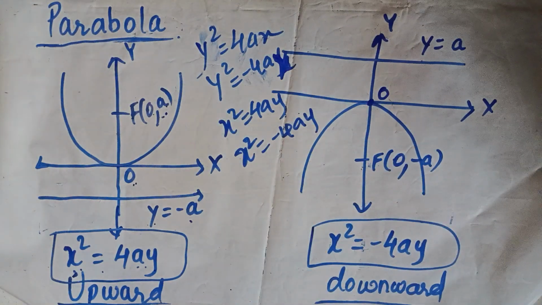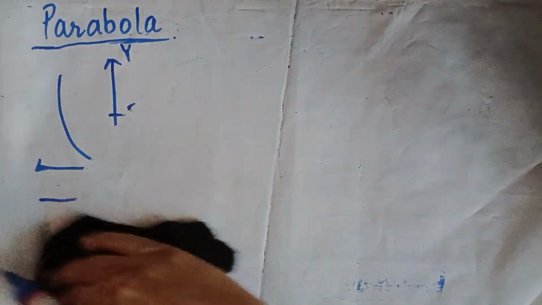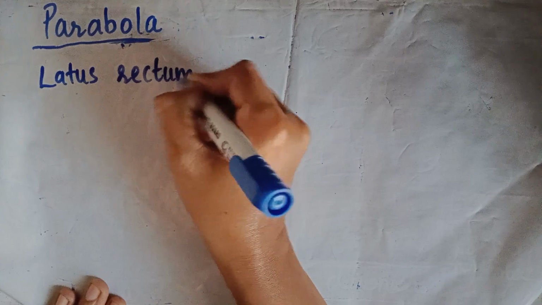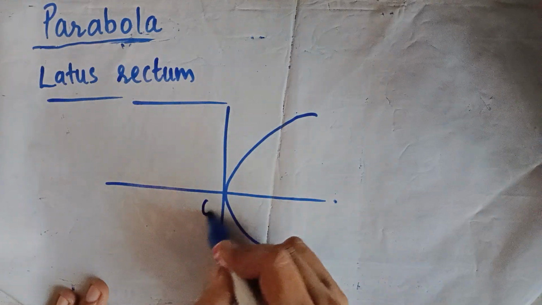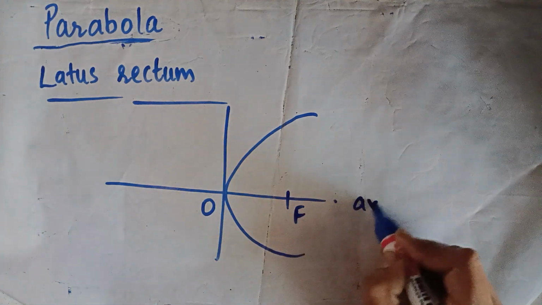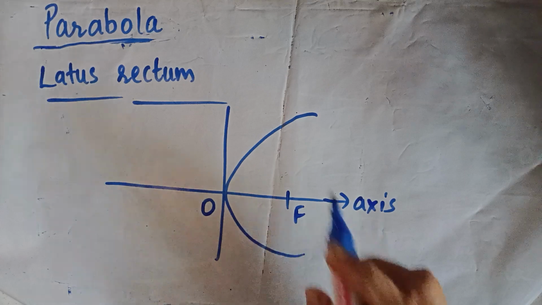Okay, so let's see the latus rectum, that is a part of the parabola. The latus rectum of a parabola is a line segment which is perpendicular to the axis of the parabola, through the focus, whose endpoints lie on the parabola.